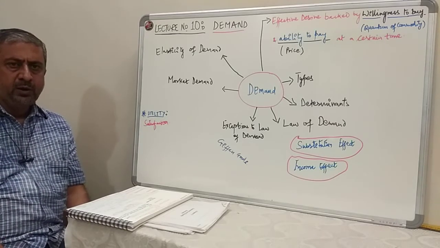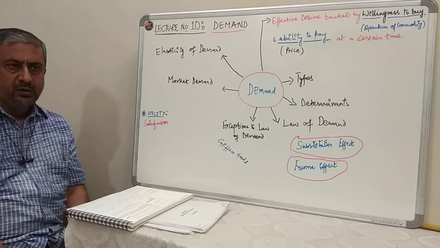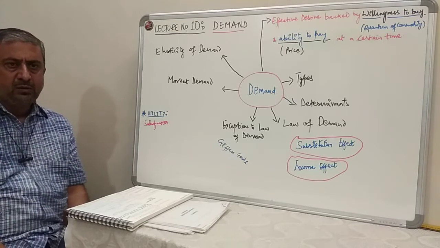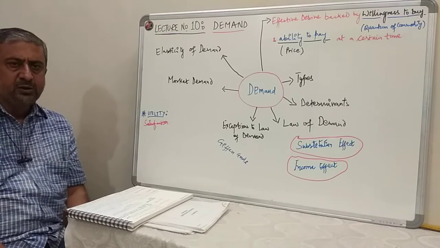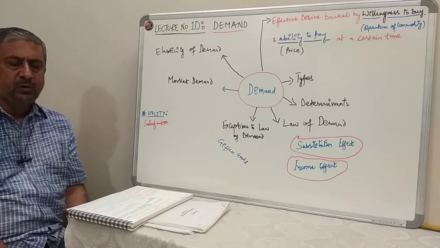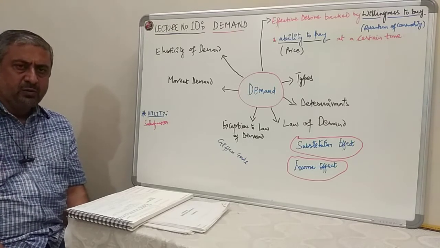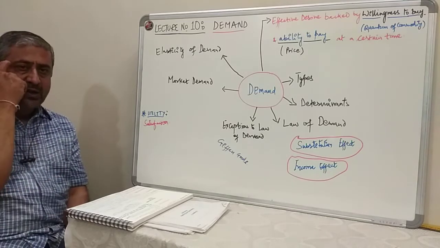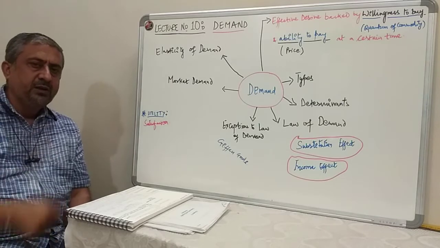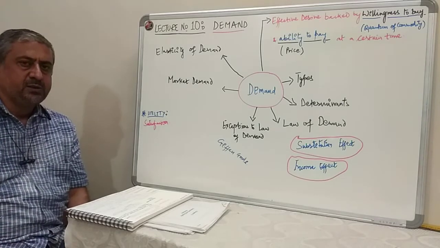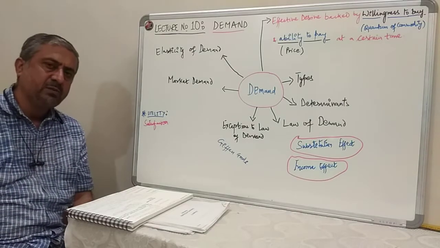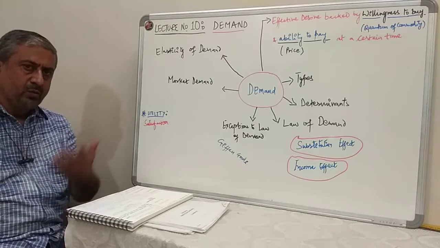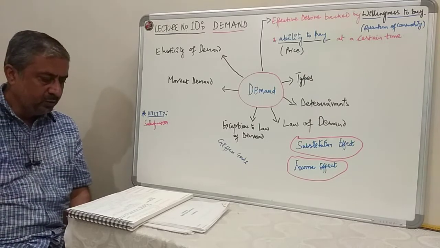Say for example, you might be buying inferior goods, not inferior in terms of quality I am talking about. When you talk about inferior goods in economics, it always means goods which have relatively lower prices. So demand for that particular good goes up.